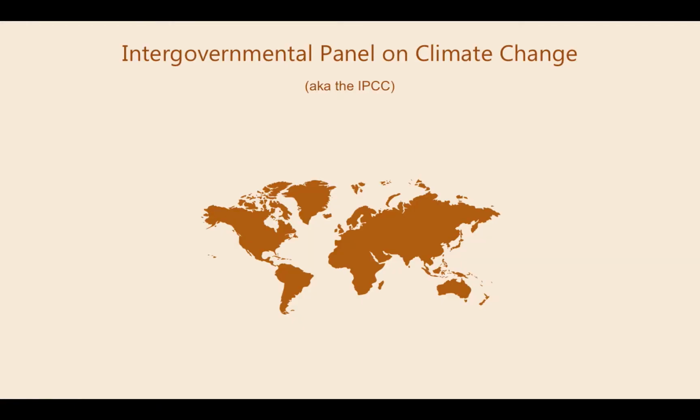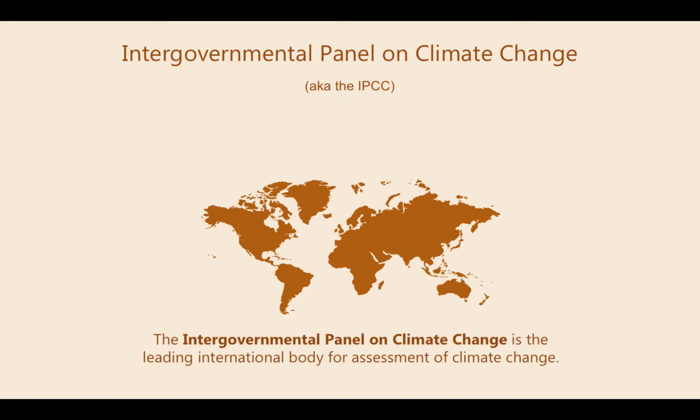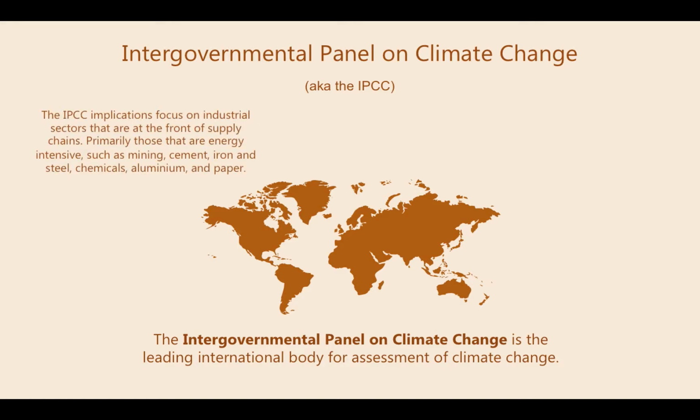Intergovernmental Panel on Climate Change. The Intergovernmental Panel on Climate Change is the leading international body for assessment of climate change. The IPCC implications focus on industrial sectors that are at the front of the supply chain, primarily those that are energy intensive, such as mining, cement, iron and steel, chemicals, aluminum, and paper.